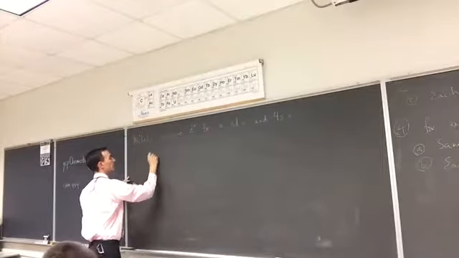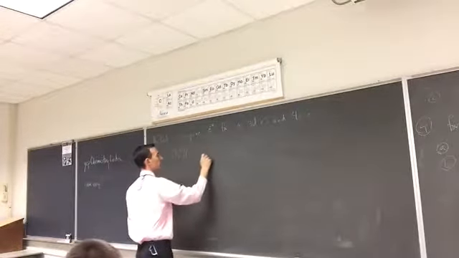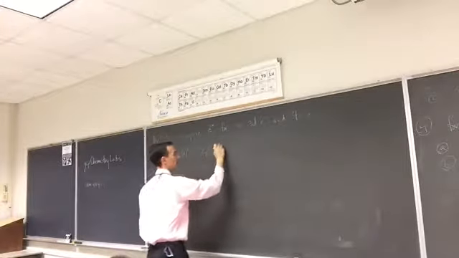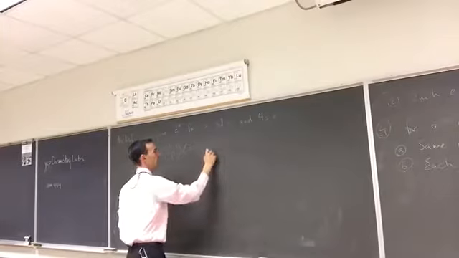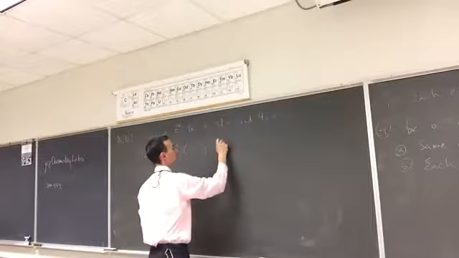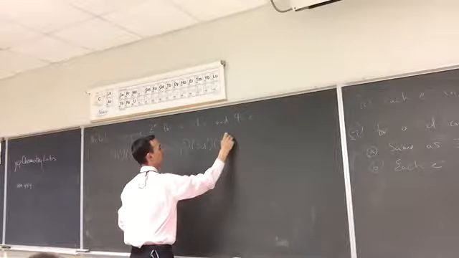So the groupings that we would have are 1s2, 2s2, 2p6, 3s2, 3p6, and then we do the 3d8 and the 4s2.